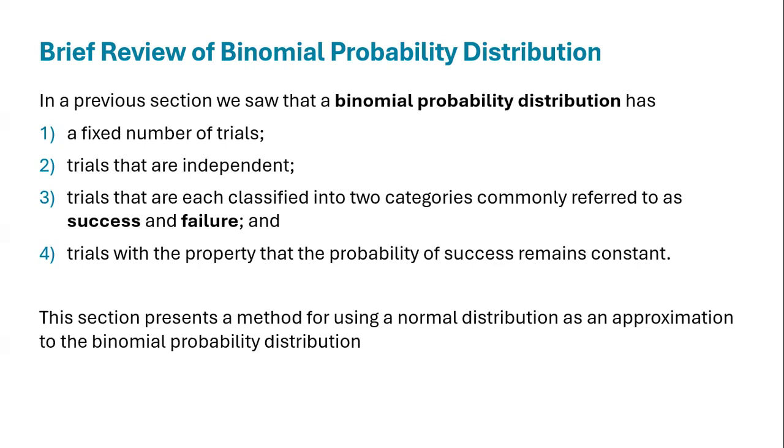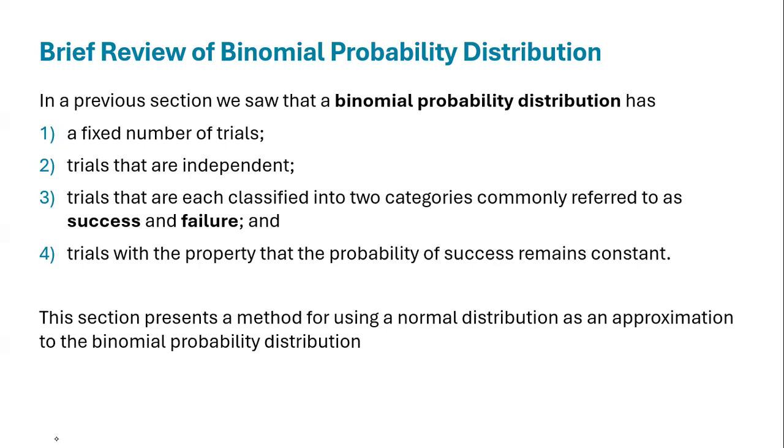And if you remember, the binomial distribution is a type of discrete probability distribution, and discrete means you only find the probability for some specific numbers, not for all values.